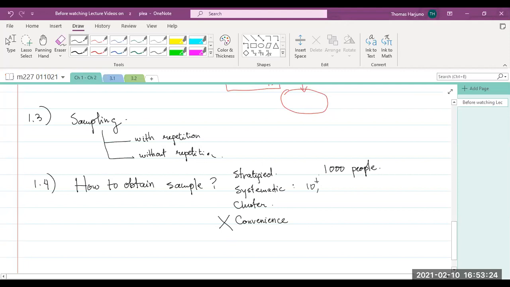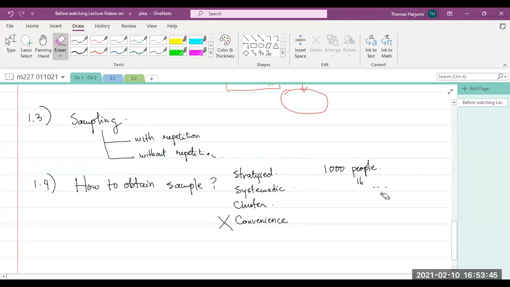The 20th person will be in my sample. Every multiple of 10th person will be in my sample. Or you can also say, I will pick every 5th person. Okay, now that's a sampling method.